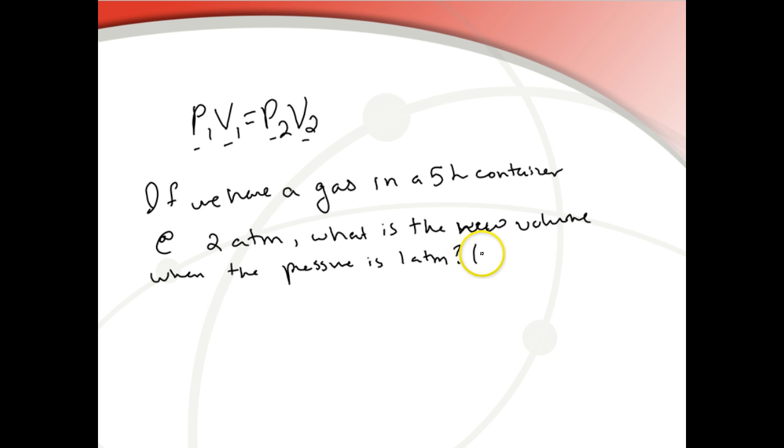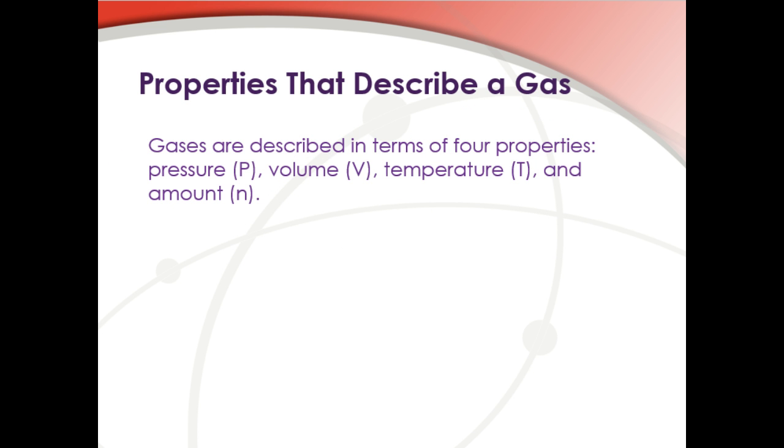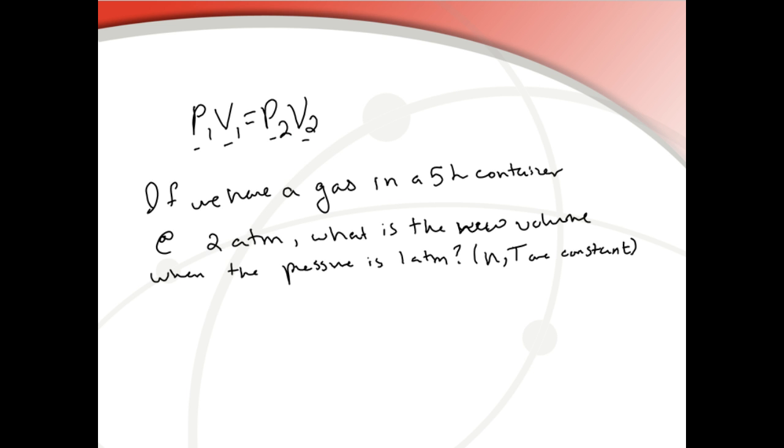And moles, which is n, and temperature are constant, so the other of the four variables. Go back and look, we've got those four variables: pressure, volume, moles, and temperature. Just got to make sure everything's accounted for.